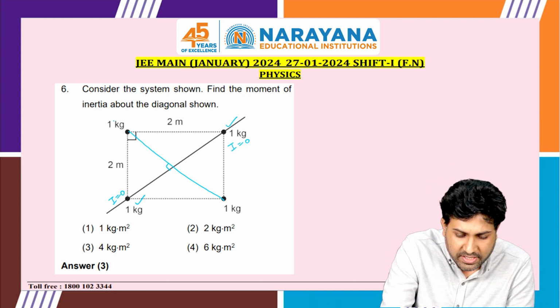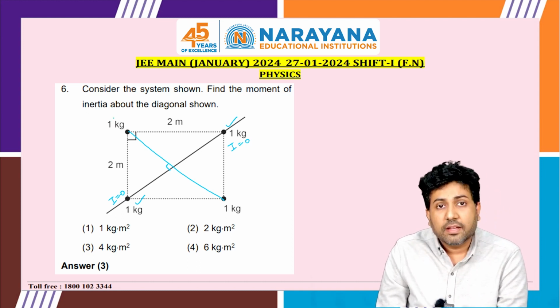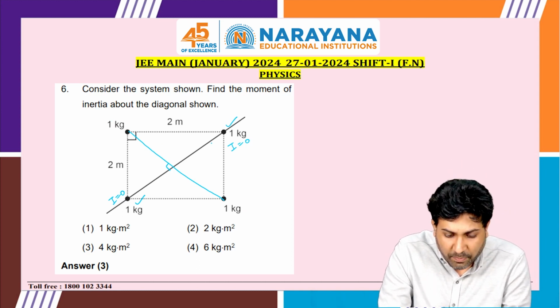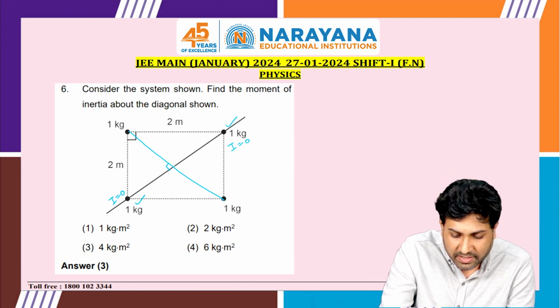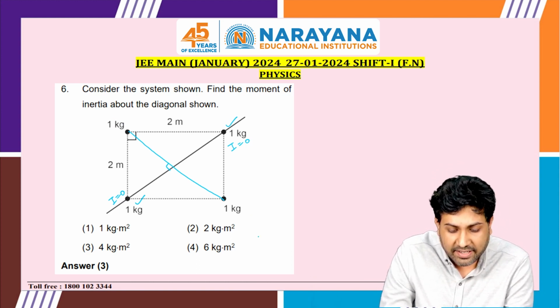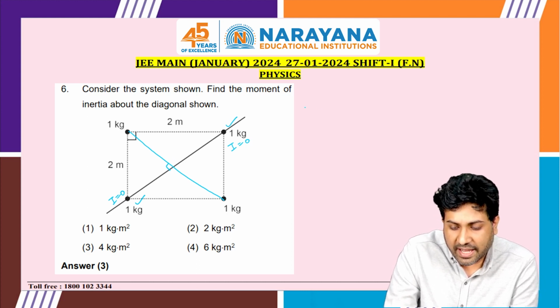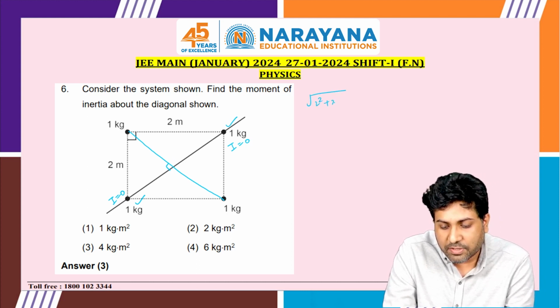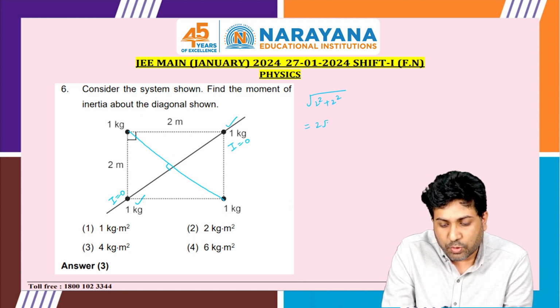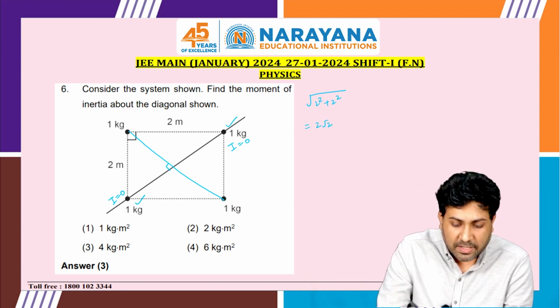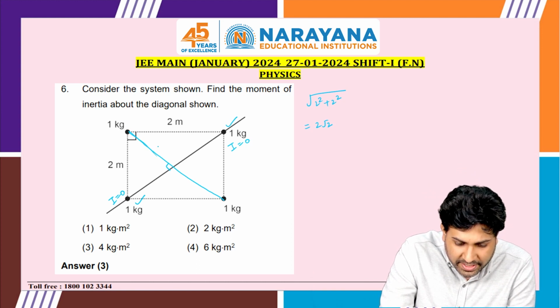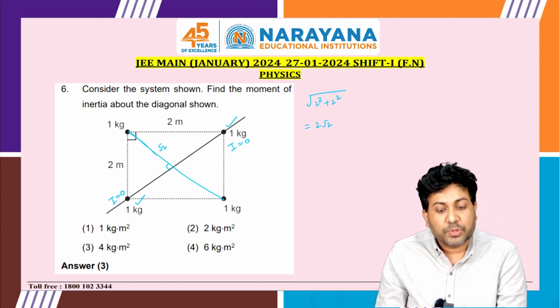So the perpendicular distance of this 1 kg mass from this diagonal will be half of the diagonal length. Because this is 2 meter and this is 2 meter, the diagonal length is root over 2 square plus 2 square, that is 2 root 2. So the perpendicular length is half of it, that is root 2.